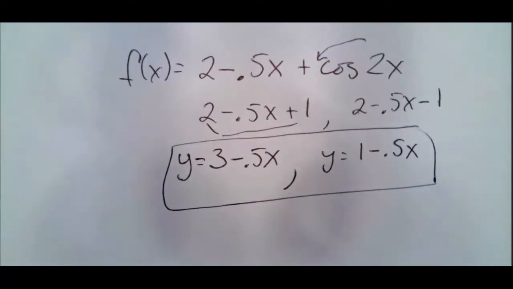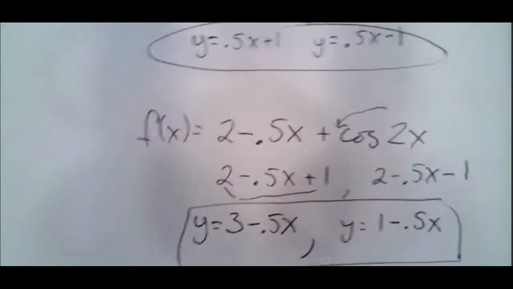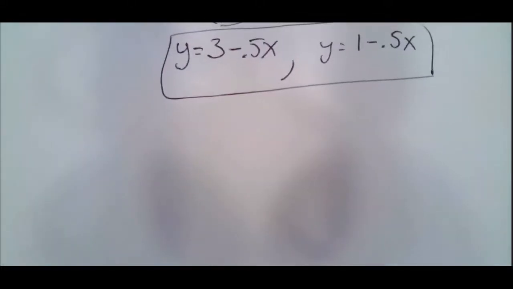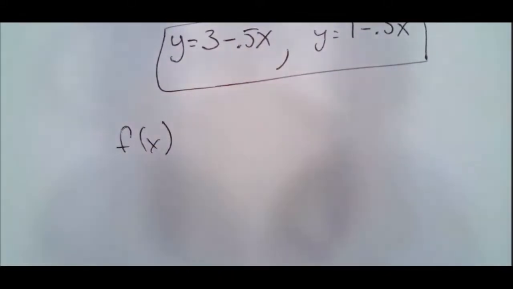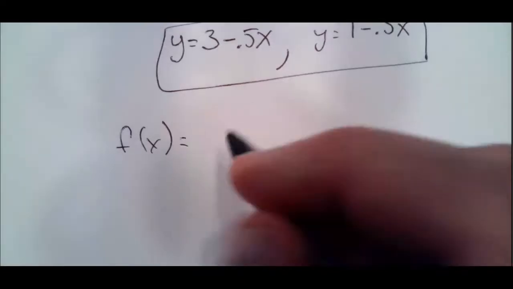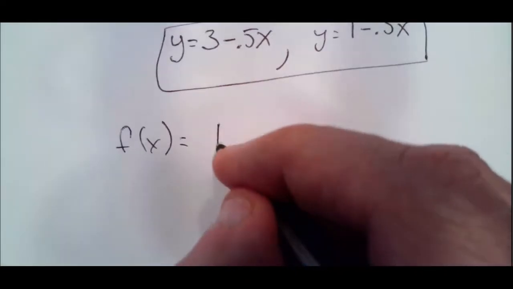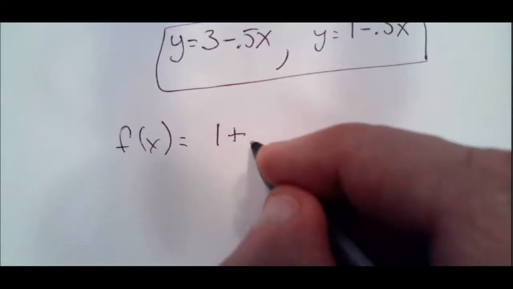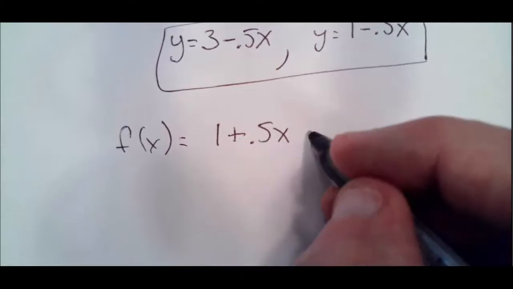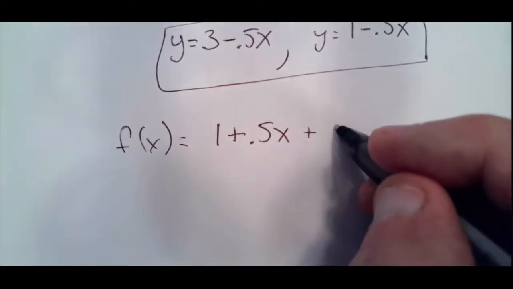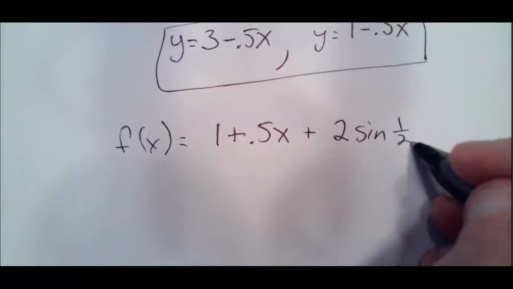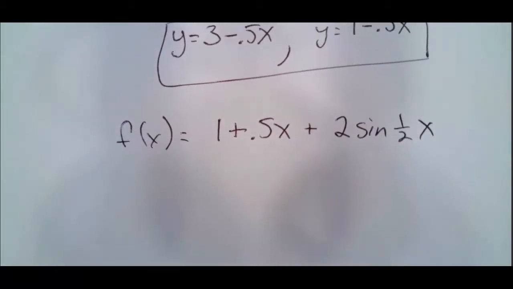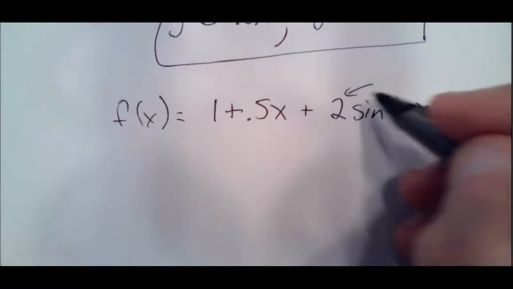All right, let's do one more just to be sure. Let's say I have f of x is equal to 1 plus 0.5x plus 2 sine 1/2 x. All right, here's our amplitude.